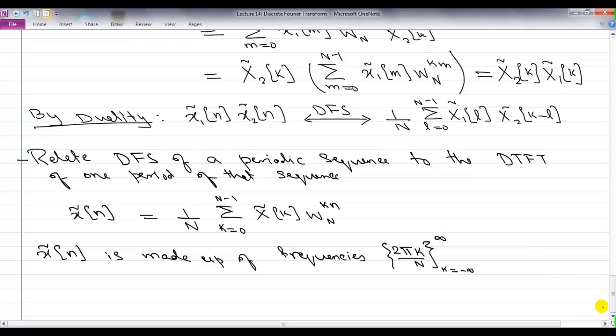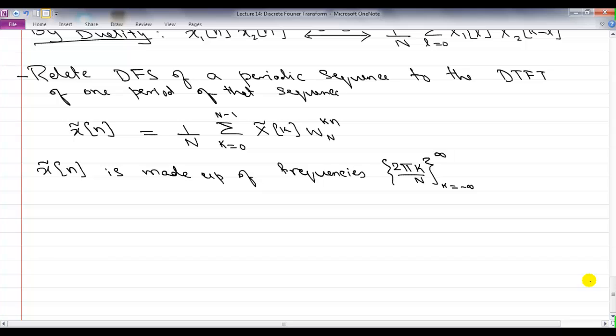Without going into the technical details, I'll try to give an analogy which is non-rigorous, just to make you understand. Let's say I have x of n equal to W_N^{kn}, and I ask what is the discrete time Fourier transform of that.